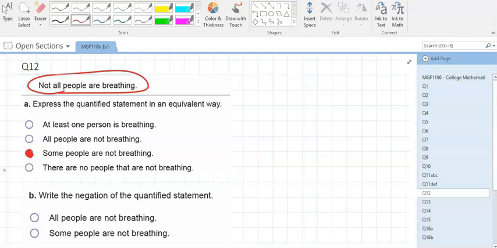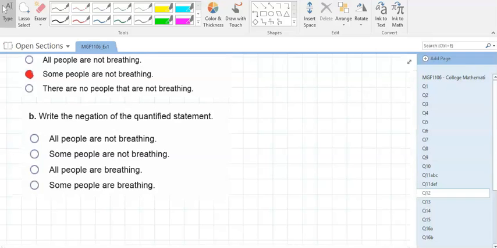That is the equivalent statement to it. So these are all about those quantifiers: all, some, not. And in your book, there is a page with those statements that they're looking for. They're looking for an exact statement here. So, some people are not breathing is the equivalent statement to that.